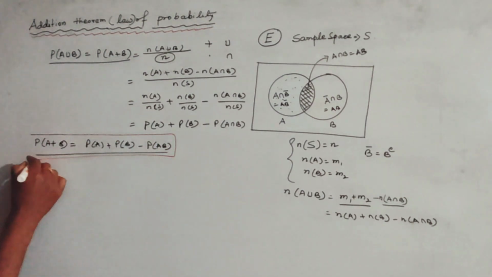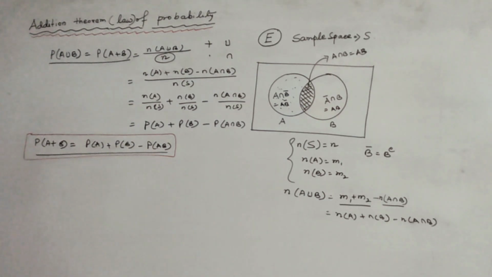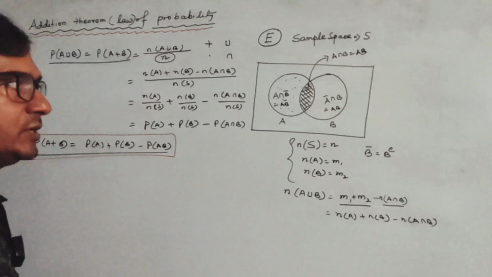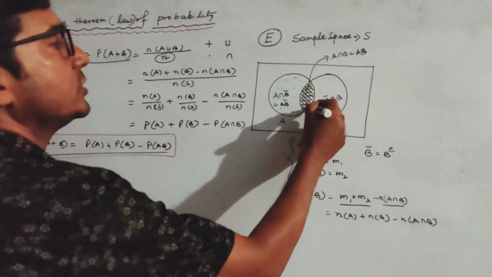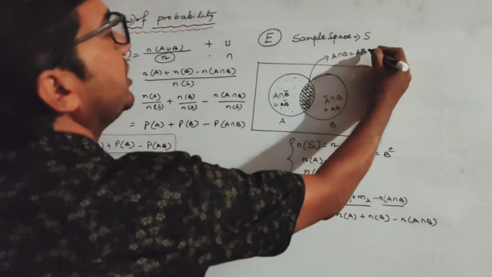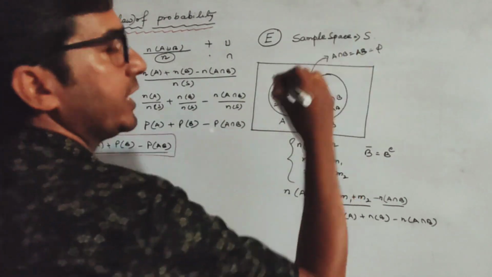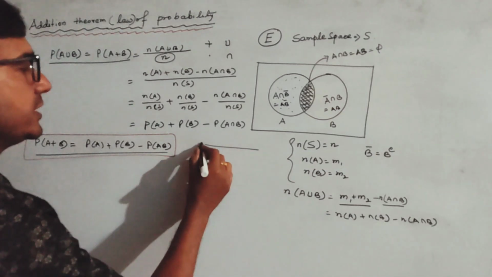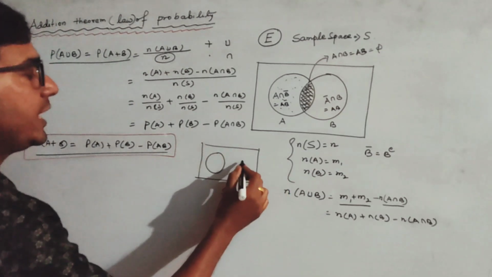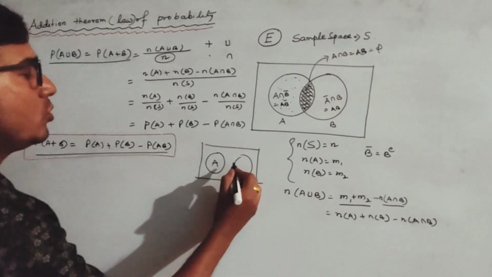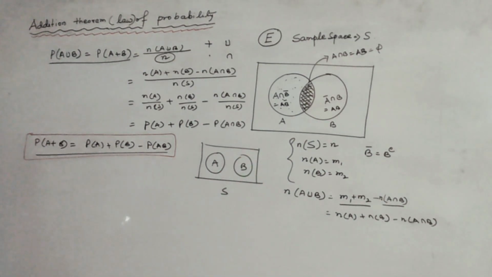Now, if it is known that the events are such that there are no intersecting points, that is A intersection B, that is AB, is equal to phi, looking like this: here A and here B, there is no common portion.